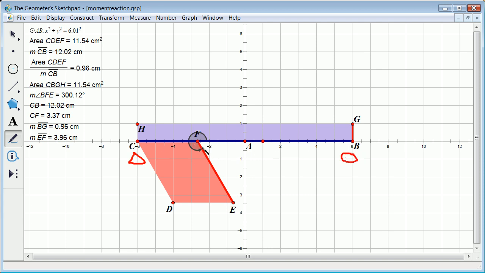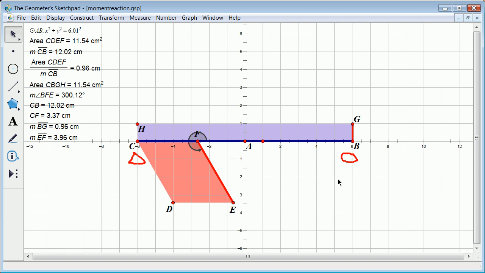Applied to it at point F, which is 3.37 centimeters, it could be meters, it could be feet, away along the length of CB is a force FE down. That force causes a moment defined by R CF cross F, which is that area there.